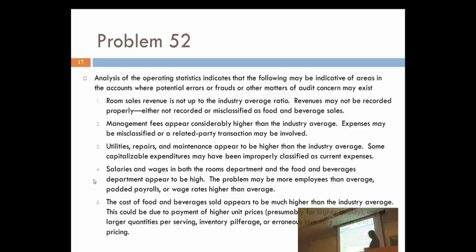We don't know. Again, the objective of this problem, obviously, was that you are an auditor in the preliminary planning phases. So you're just trying to determine, okay, where might there be potential problems? And so analytical procedures are a good way to identify where potential problems are.